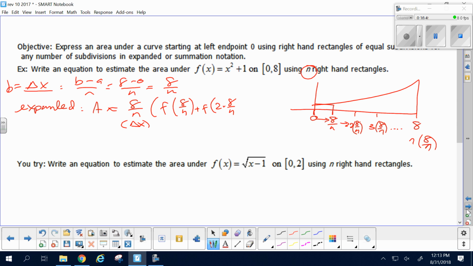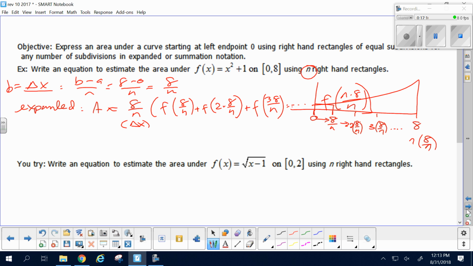Make sure you write 2 times 8 over n, not 2 8 over n, because that looks more like a mixed number, you know what I mean? So 2 times 8 over n's, or f at 3 times 8 over n, and so on, through the last, which is the nth 8 over n. You with me?